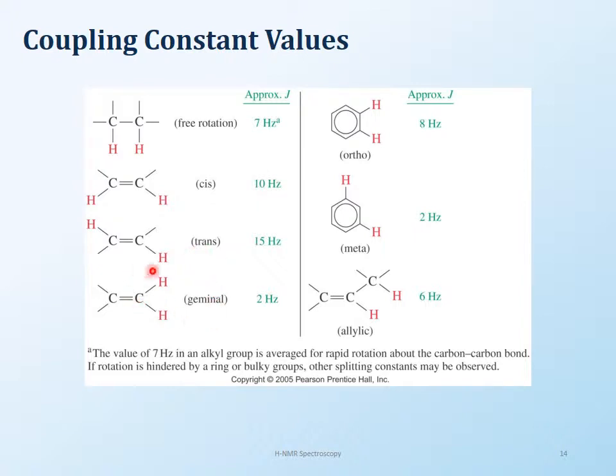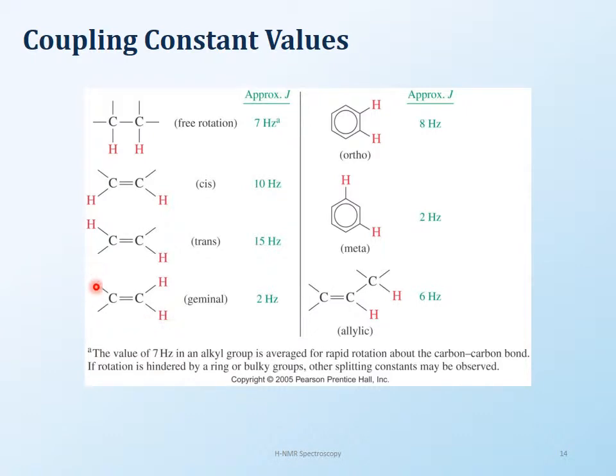And then geminal hydrogens will have a coupling constant of 2, which is really very small. So here are 3 different kinds of combinations of hydrogens that are possible. Remember we said before that if you have 2 hydrogens on the same carbon, they will not couple. Well, in this case they will couple because this is a double bond and double bonds do not rotate. If they cannot rotate, it means this hydrogen has its own environment and this hydrogen has its own environment.